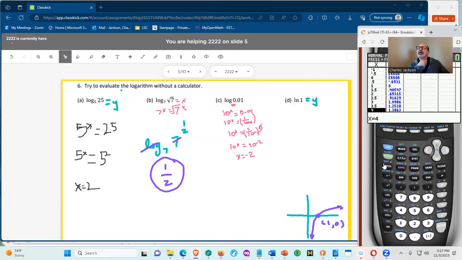So what is the power that you have to raise the number e, 2.71828 and so on, to get 1? Well, it's not going to be as much as 1, because e to the 1 is equal to e, which is too big of a number.